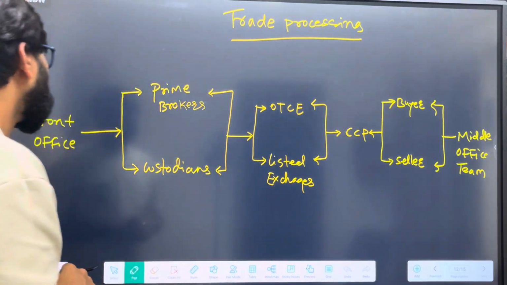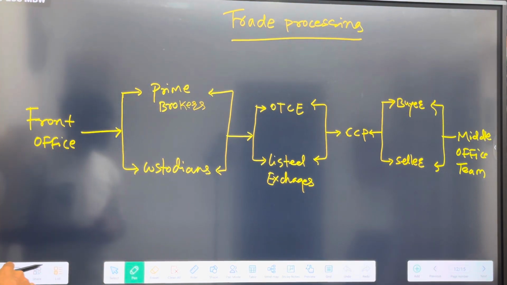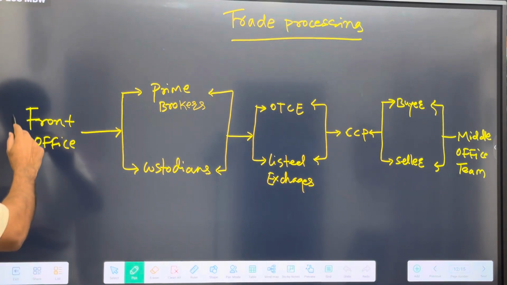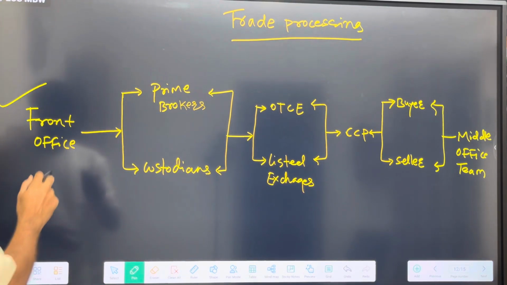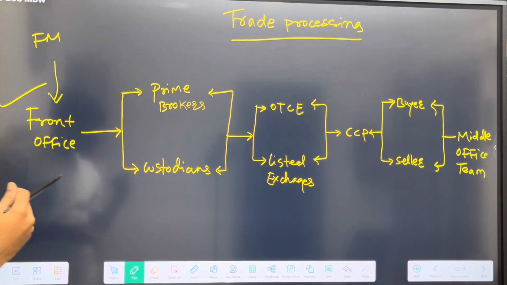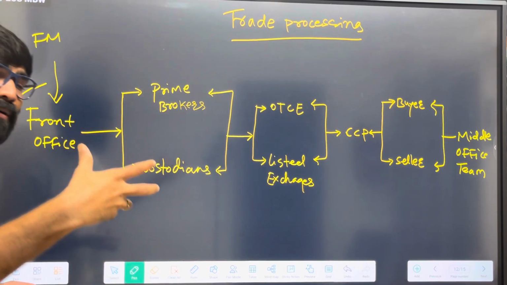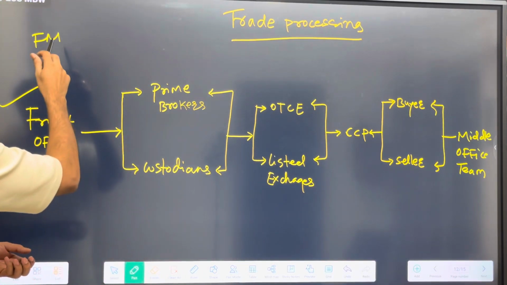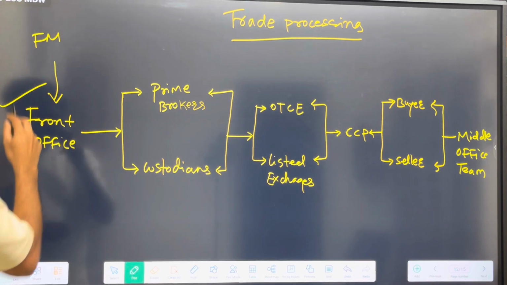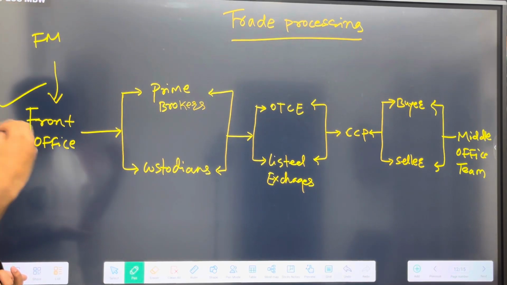So see here, as you know, the trade life cycle starts from the front office, right? Front office means where fund managers of mutual funds, hedge funds, private equity, fund of funds, or different funds sit.